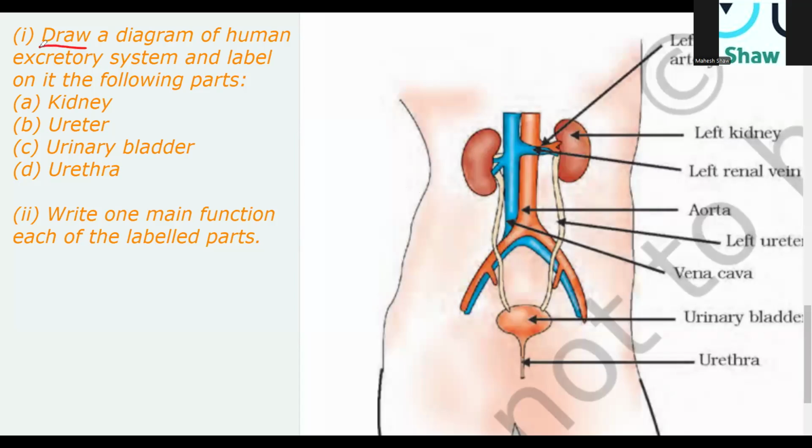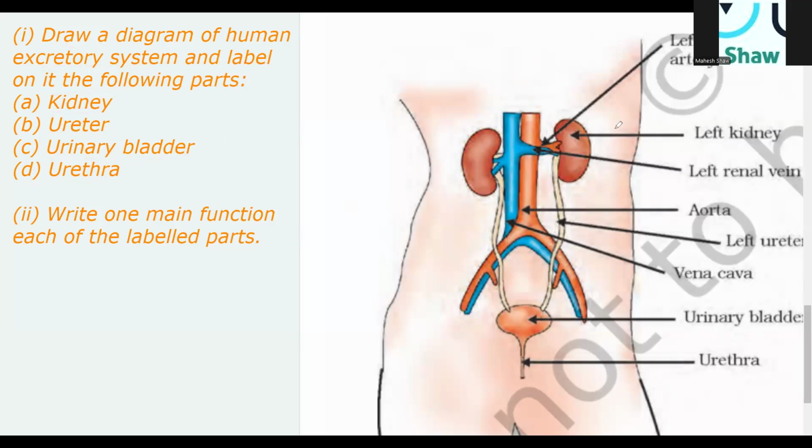In the next question, we are asked to draw the diagram of the excretory system of a human being. And we have to label these parts: kidney, ureter, urinary bladder, and urethra. First, you have to draw a pair of kidneys, and then two ducts carrying the urine. These are called ureters.